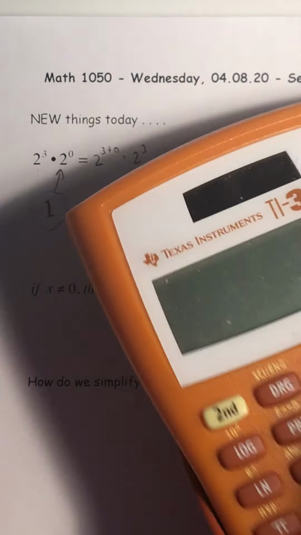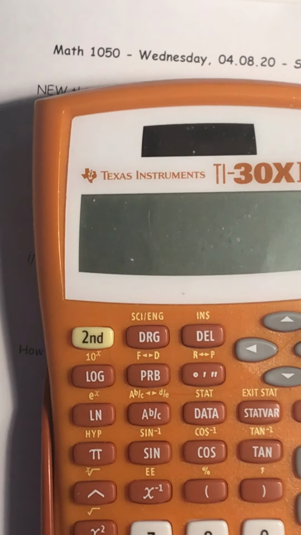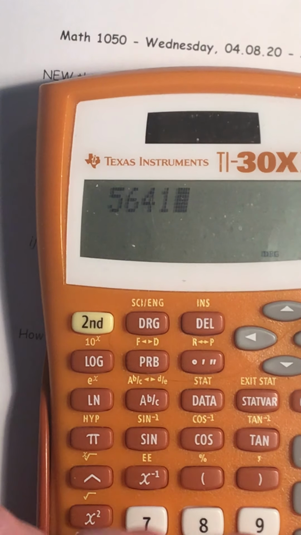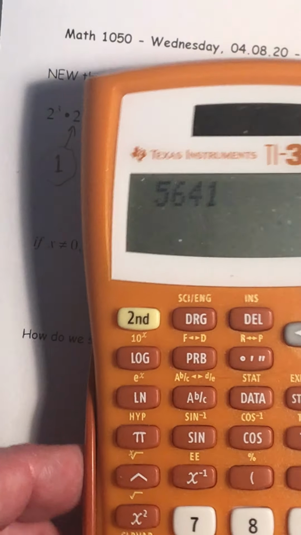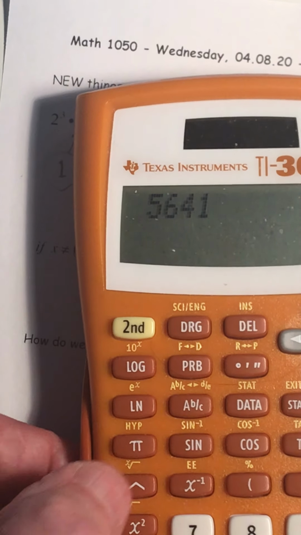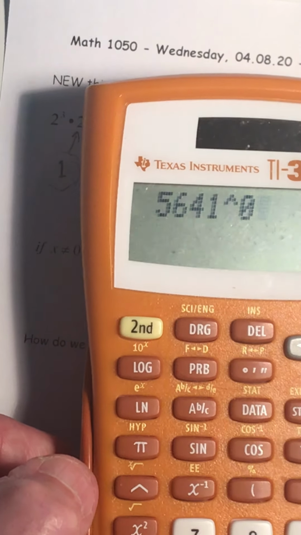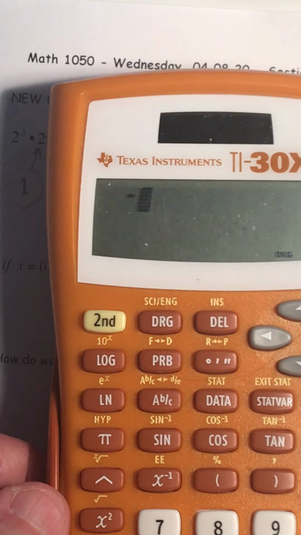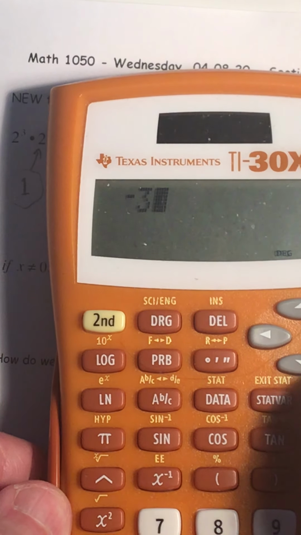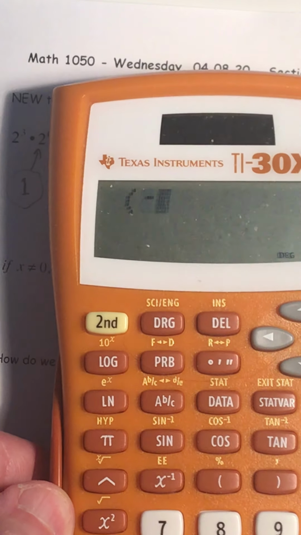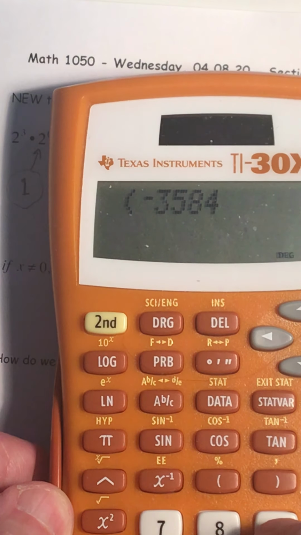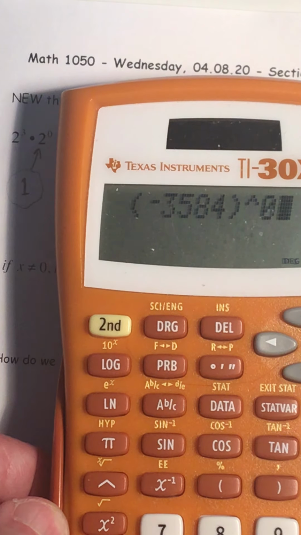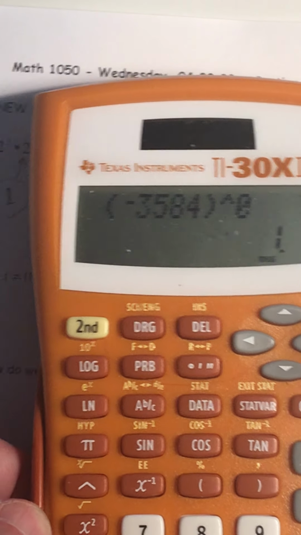And hey, don't take my word for it. Here's the calculator. Here's a nice big number, right? 5,641. I'll raise that to the 0 power and I get the answer 1. I'll take negative, well, put it in parentheses, negative 3.5, all this to the 0 power. Still get 1.